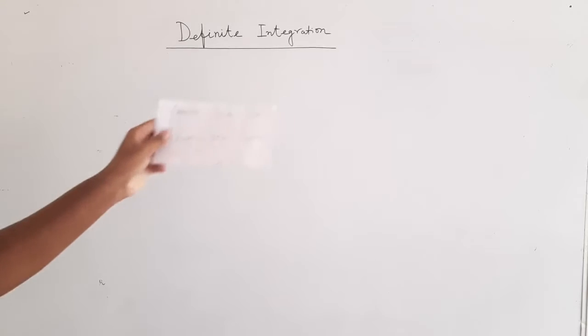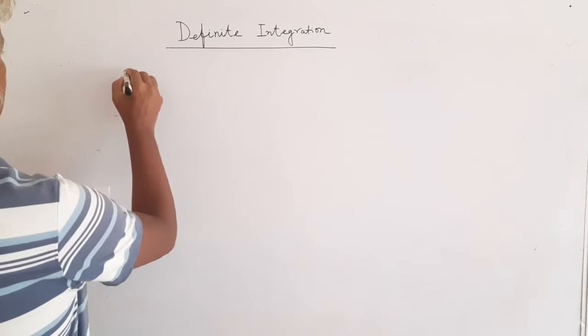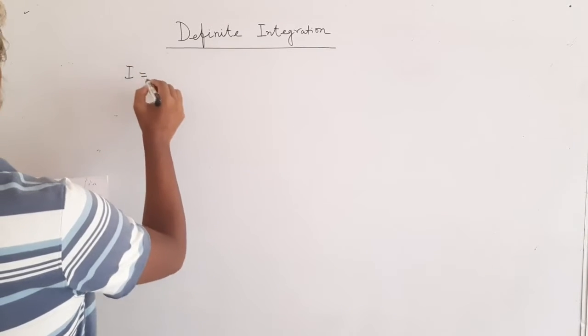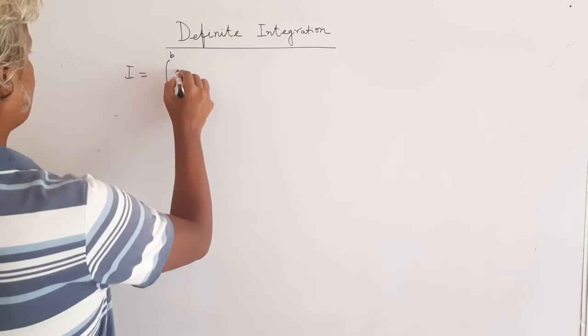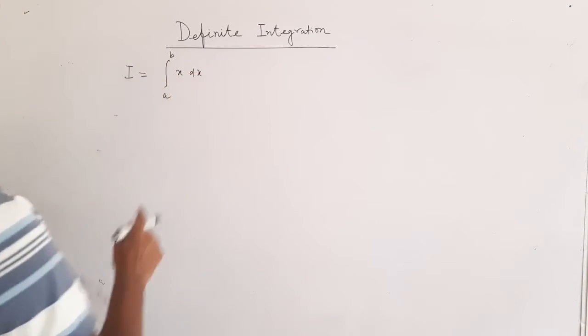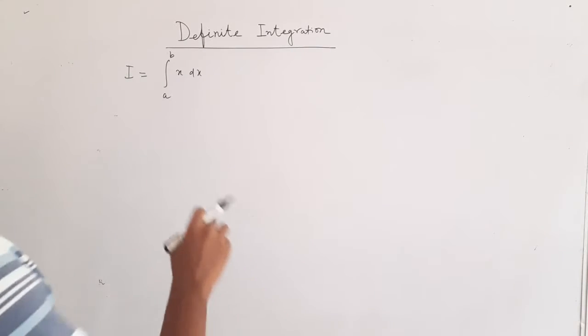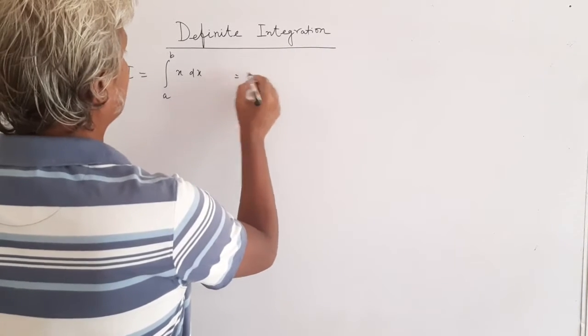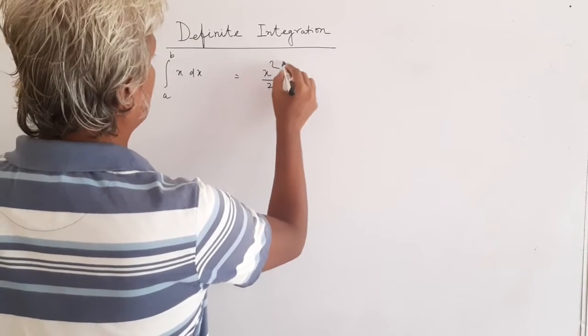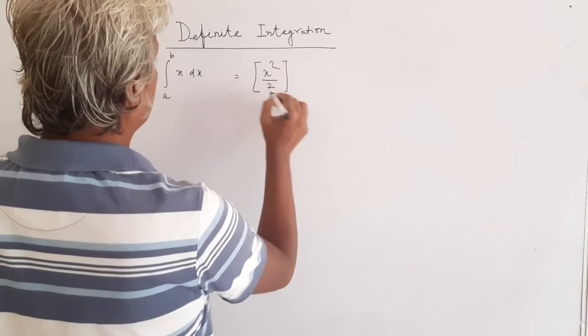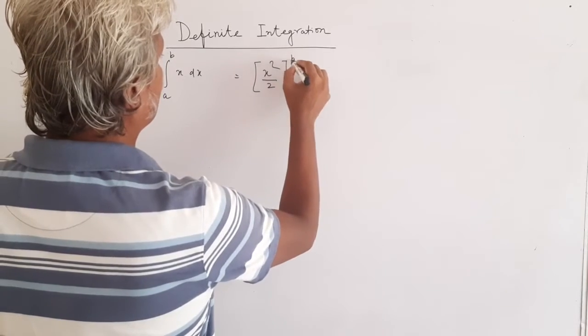These are the questions. Now the first question is I equals integral from a to b of x dx. You can also do this directly, like first find the integration of this, that is x square by 2. Then you put a box here, put the lower limit here, upper limit here.